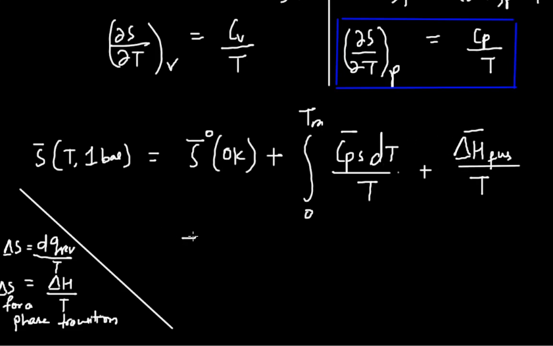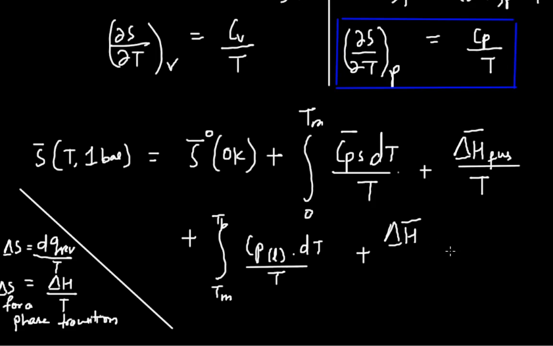So next, again, what will happen from Tm to Tb, Cp of liquid dT by temperature, and again delta H for vaporization, to gas.